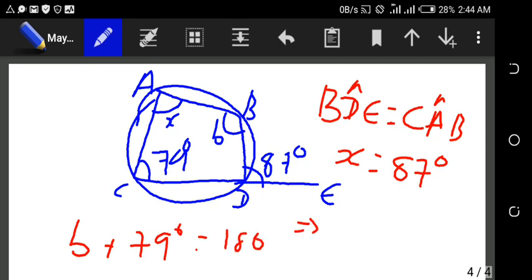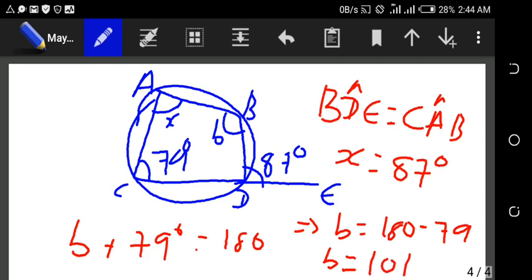This means that B is equal to 180 minus 79, and that means that B is equal to 101 degrees. When you add up 101 degrees plus 79, that will give you 180 degrees. So that is how we can solve something like this.